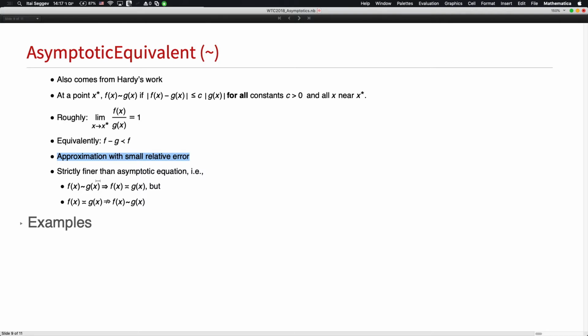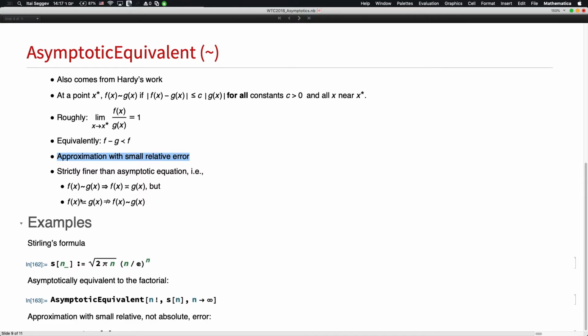Now, the basic idea is that the ratio goes to 1. We couldn't define it that way, and it'll be pretty easy to see why. A different equivalent definition is that f minus g is less than f. And again, the intuitive notion here is that you're making an approximation with small relative error.